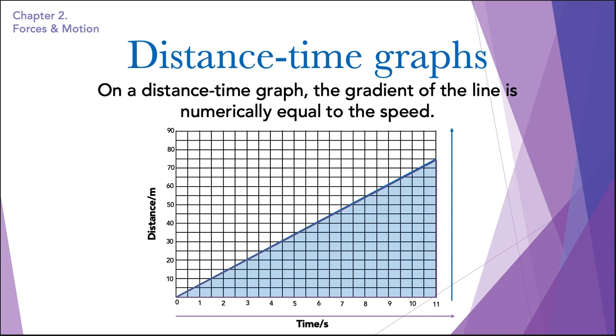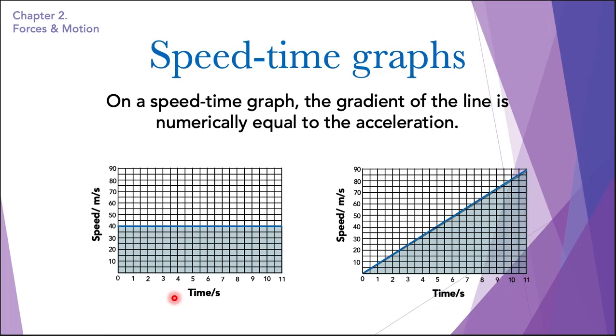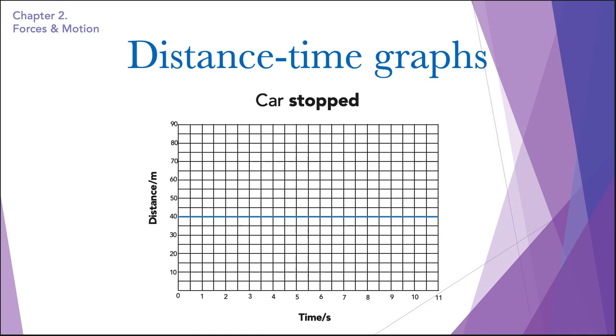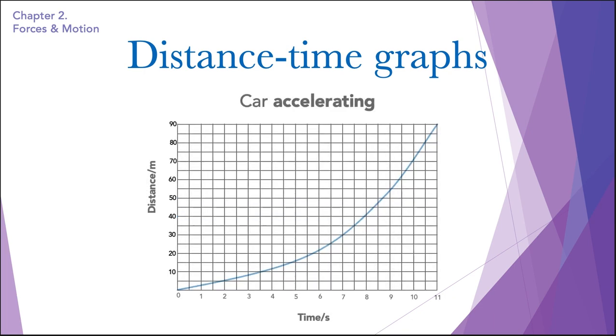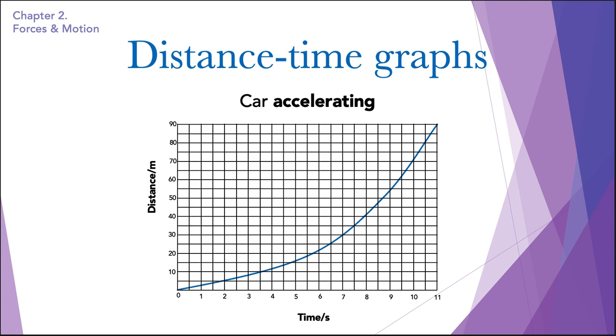So on a distance time graph, such a shape means that there is a constant speed, that the speed is not increasing at all. And if you want to represent constant speed in speed time graphs, we will make a horizontal graph. And if a horizontal graph is in distance time graphs, this would mean that there is no motion at all, that the car is not moving at all. And a distance time graph like this, which has a curved path, means the car is accelerating.